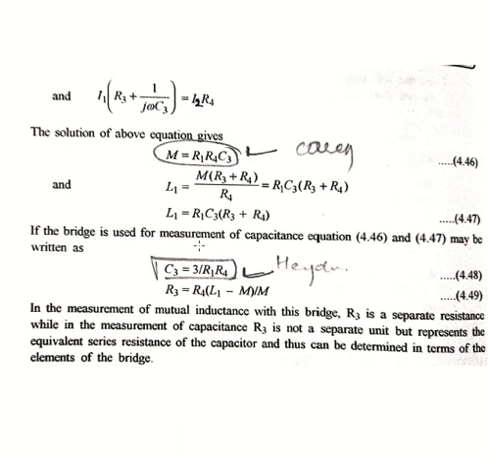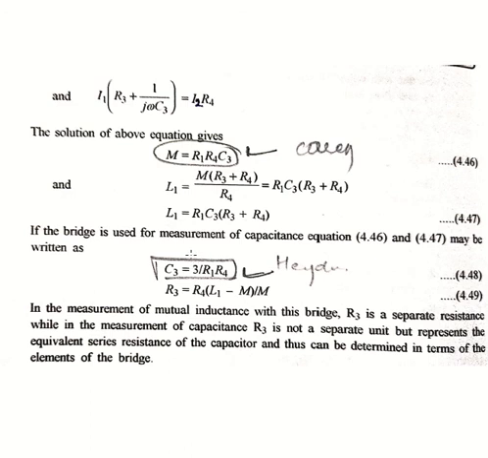Okay, so if the bridge is used for the measurement of capacitance, both our equations can be written as C3 will be equal to M divided by R1 by R4. This is some misprint here.